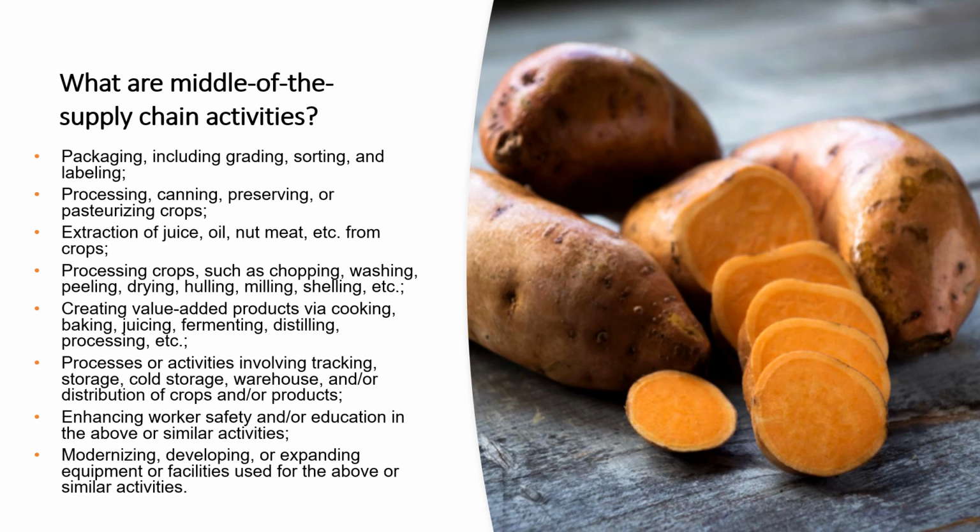These include packaging, including grading, sorting, and labeling; processing, canning, preserving, or pasteurizing crops; extraction of juice, oil, nut meat, etc. from crops; processing crops, such as chopping, washing, peeling, drying, hulling, milling, shelling, etc.; creating value-added products via cooking, baking, juicing, fermenting, distilling, processing, etc.; processes or activities involving tracking, storage, cold storage, warehouse, and/or distribution of crops and/or products; enhancing worker safety and/or education in the above or similar activities; and modernizing, developing, or expanding equipment or facilities used for the above or similar activities.